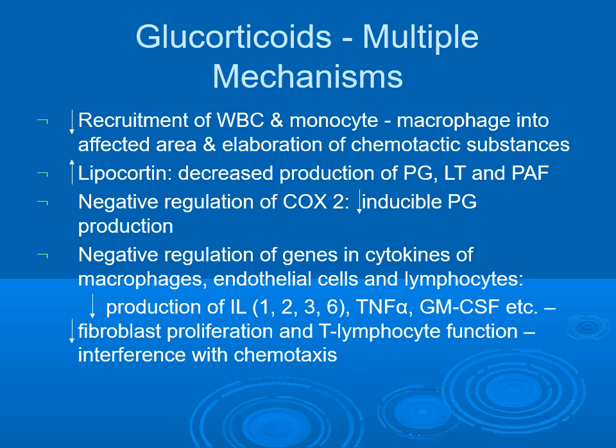There is negative regulation of inducible cyclooxygenase 2 enzyme and therefore inhibition of inducible prostaglandin production. There is negative regulation of genes for cytokines in macrophages, endothelial cells and lymphocytes and therefore inhibition of production of interleukin 1, 2, 3, 6, TNF alpha, GM-CSF, etc. Inhibition of fibroblast proliferation and T lymphocyte function therefore interferes with chemotaxis.